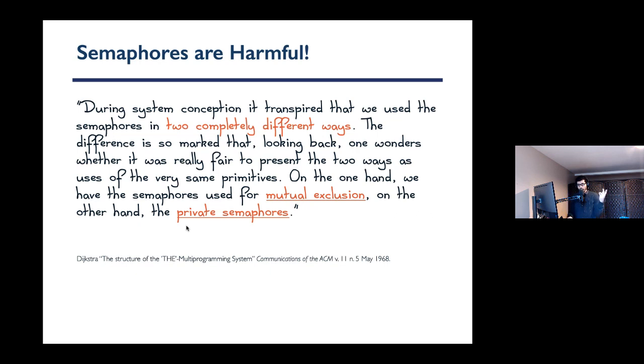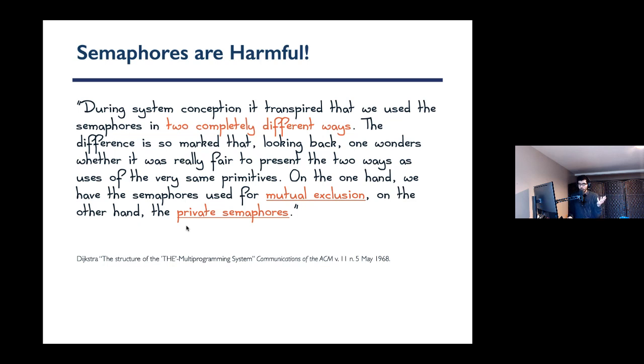So we ended up doing both of these: scheduling, that's what we call them, like adding constraints to your program, and also mutual exclusion. These are 2 things that we're using semaphores for. And that makes semaphores harmful because they make your code unreadable and hard to follow. I bet you have had those situations.